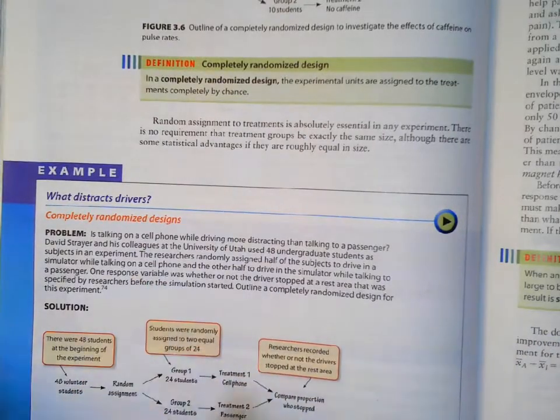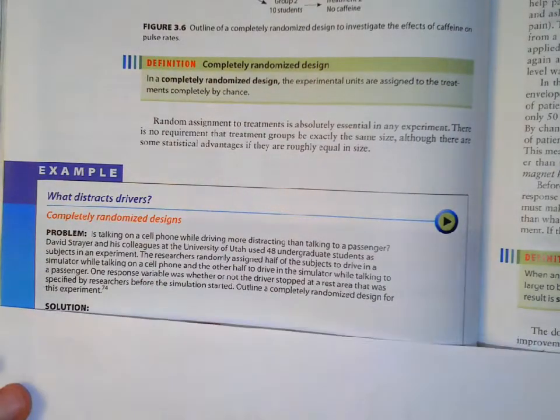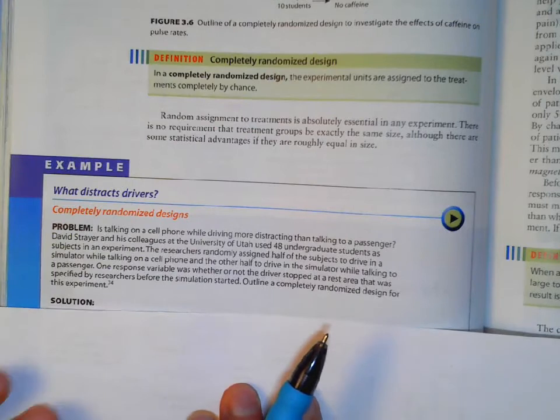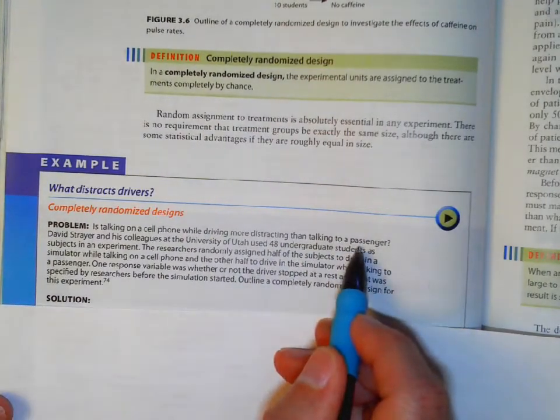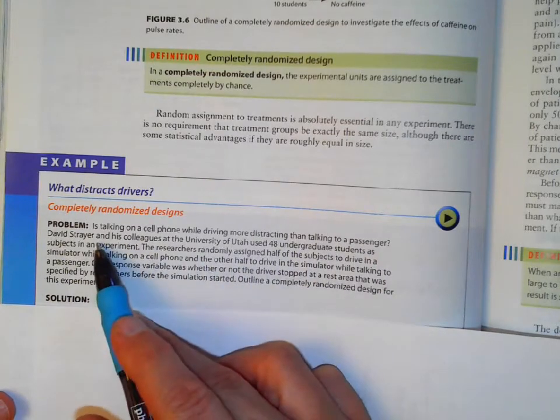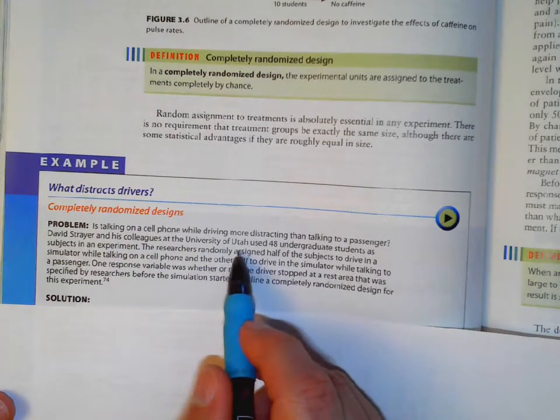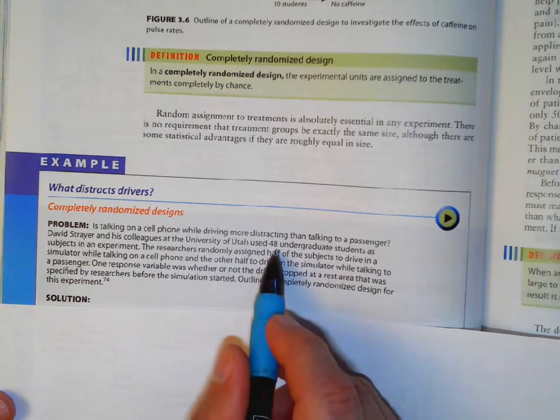Okay, so here's a problem. I'd like you to try and do this by yourself first. Is talking on a cell phone while driving more distracting than talking to a passenger? David Strayer and his colleagues at the University of Utah used 48 undergraduate students as subjects in the experiment.